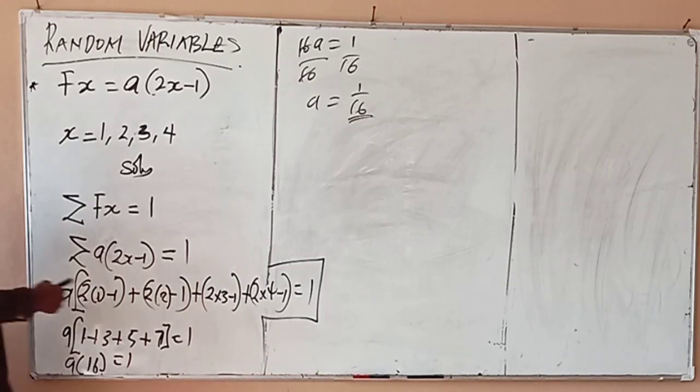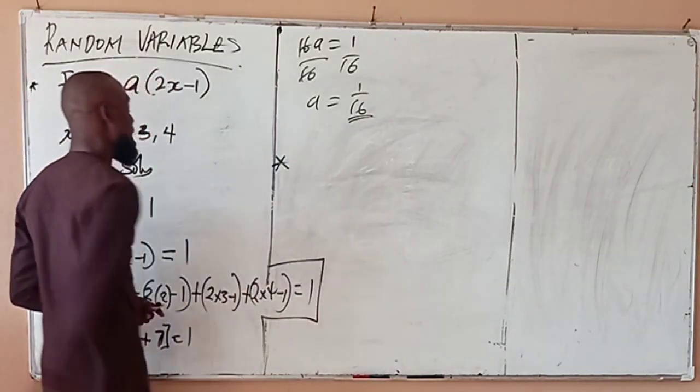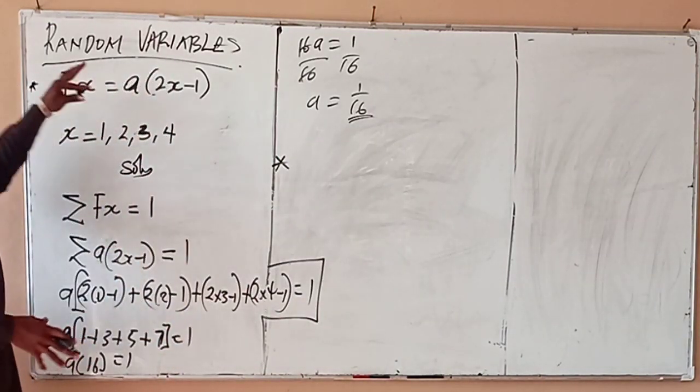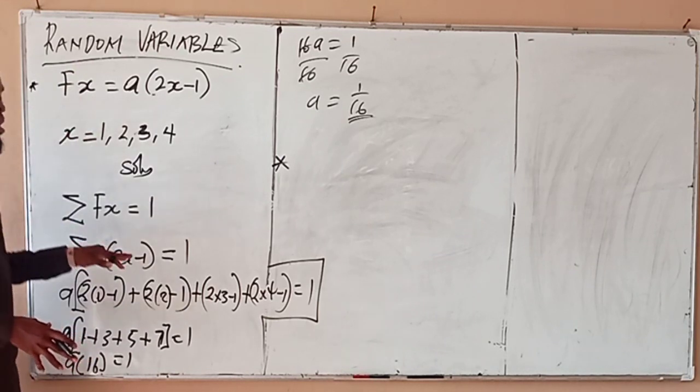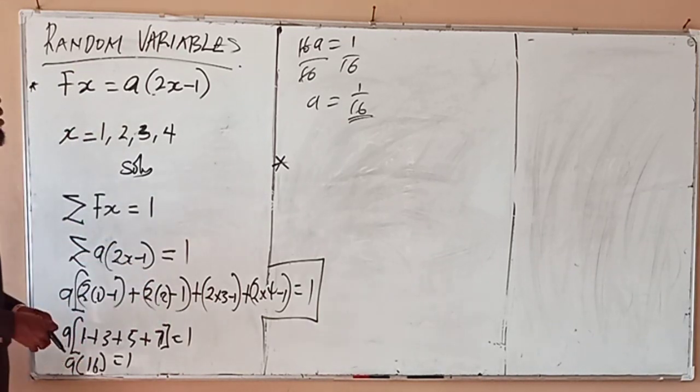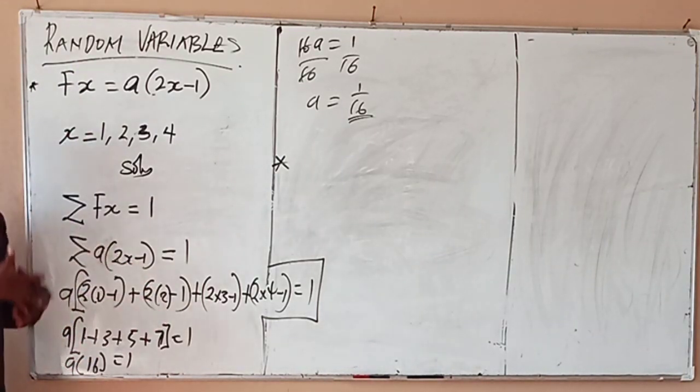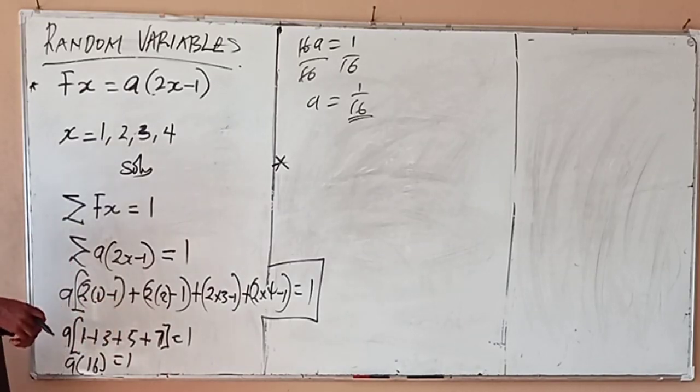So let's look at this other question. A continuous random variable has the PDF. Now, a discrete random variable has to do with the PMF, which is the probability mass function, and a continuous random variable has to do with the PDF, which is the probability density function.